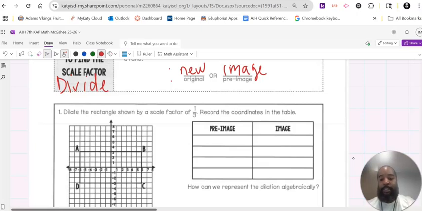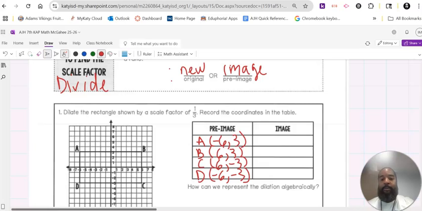The pre-image is already given to us, and the ordered pairs are as follows. A is negative 6, 3. B is 6, 3. C is 6, negative 3. And D is negative 6, negative 3.